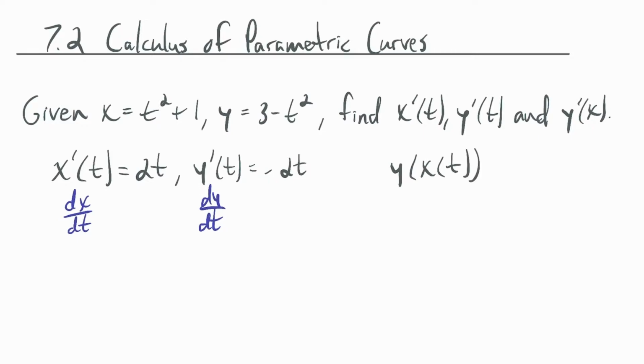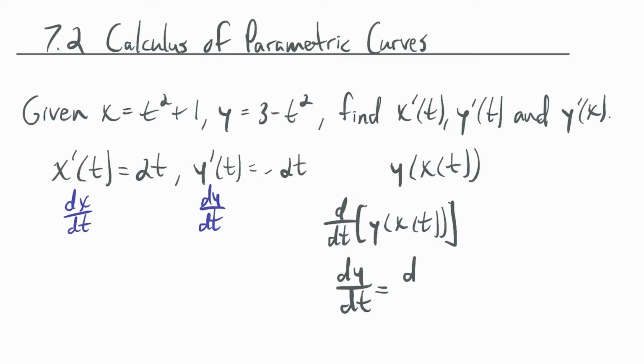So if I find d dt of y of x of t, the derivative with respect to t, I'm finding dy dt, and that will equal, using the chain rule, dy dx times dx dt. Just chain rule, right?